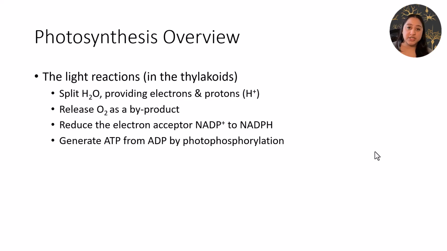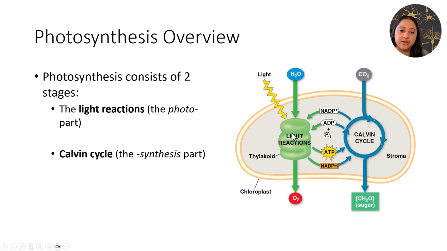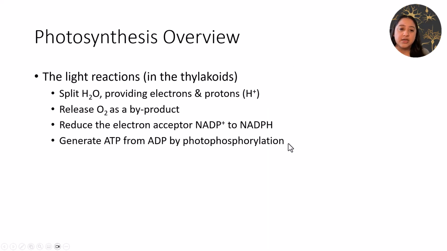We're going to talk in more detail about each one, but as an overview of the light reactions, these happen inside those thylakoids, those membrane sacs. So again, right here on the left. The light reactions split water molecules, providing electrons and protons. They release oxygen as a byproduct, and reduce the electron acceptor NADP plus.